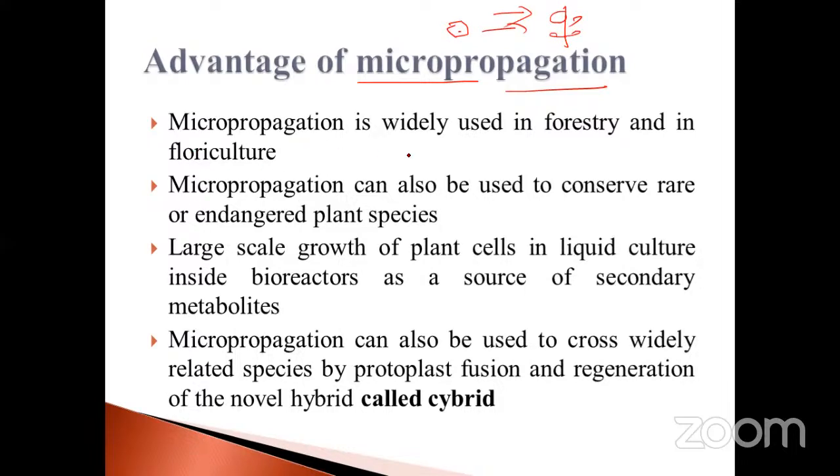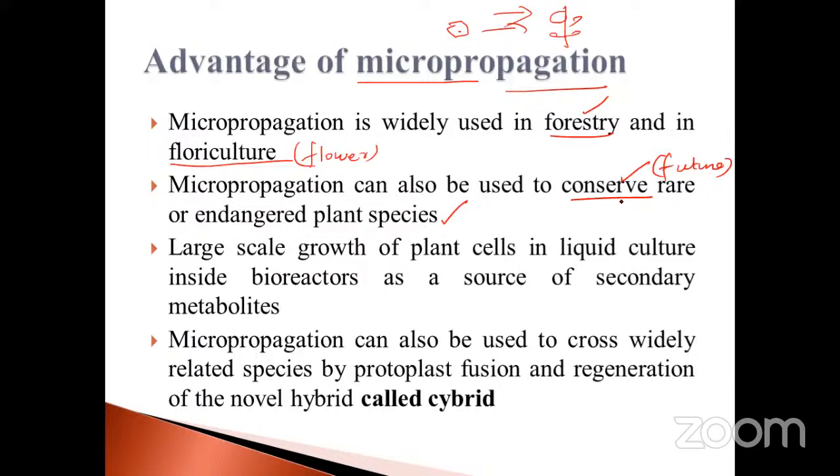See here, micropropagation is widely used in forestry and floriculture, flowers and forests. Micropropagation can also be used to conserve rare or endangered plant species. Already we discussed this part also. Conserve for the future, and maintain the ecosystem.